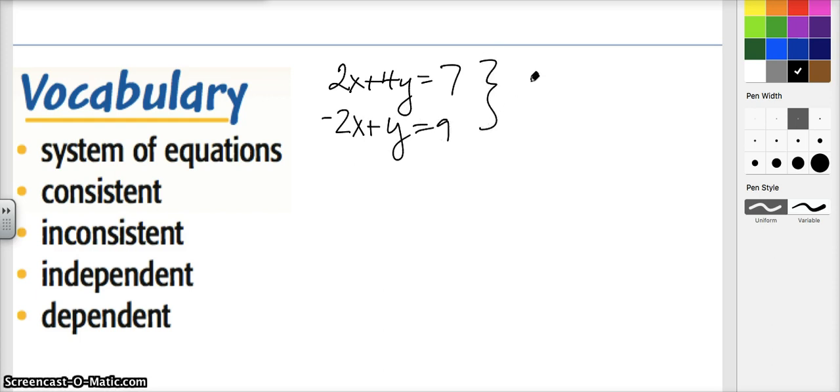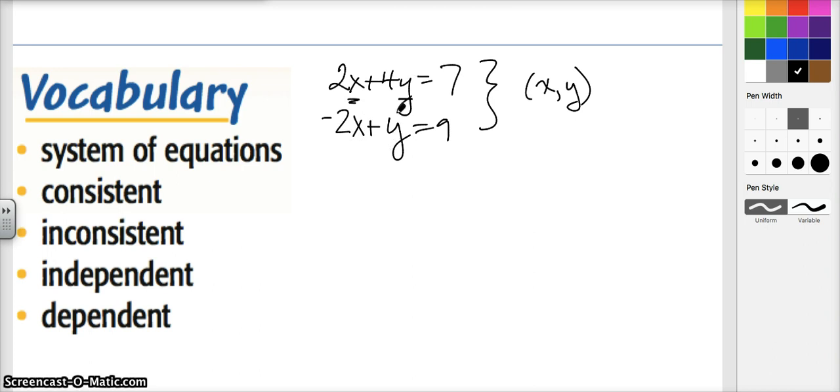What you're looking for is an xy that satisfies both of these linear equations. That's a system of equations: more than one equation where you're looking for a solution that works in all of them. Notice we've got two variables, two equations, and two unknowns.